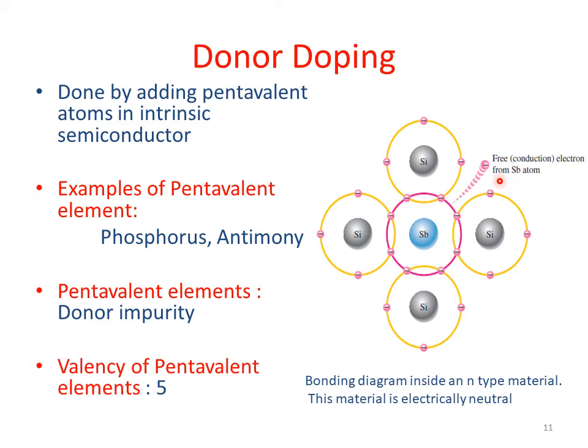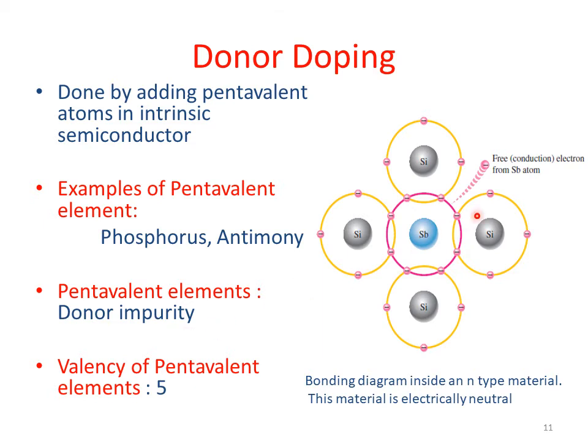In this way, since the antimony atom is donating free electrons to the semiconductor material, this type of element is called as a donor impurity, as it donates its electron to the semiconductor.